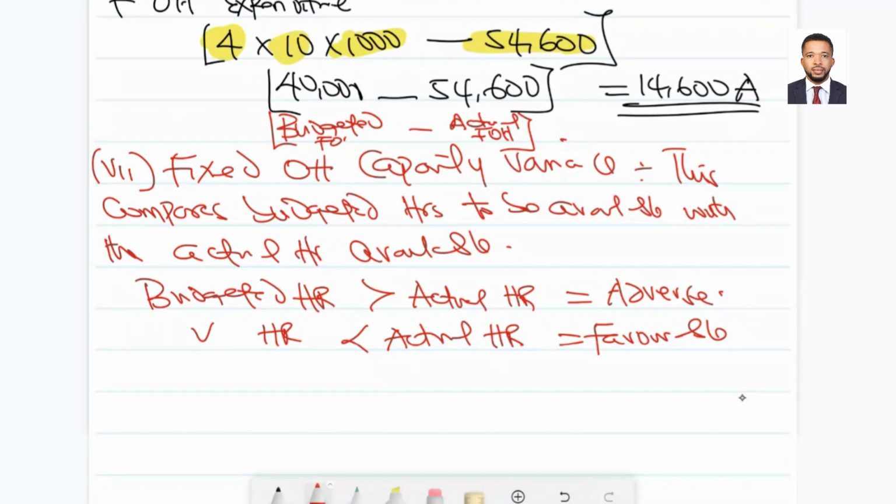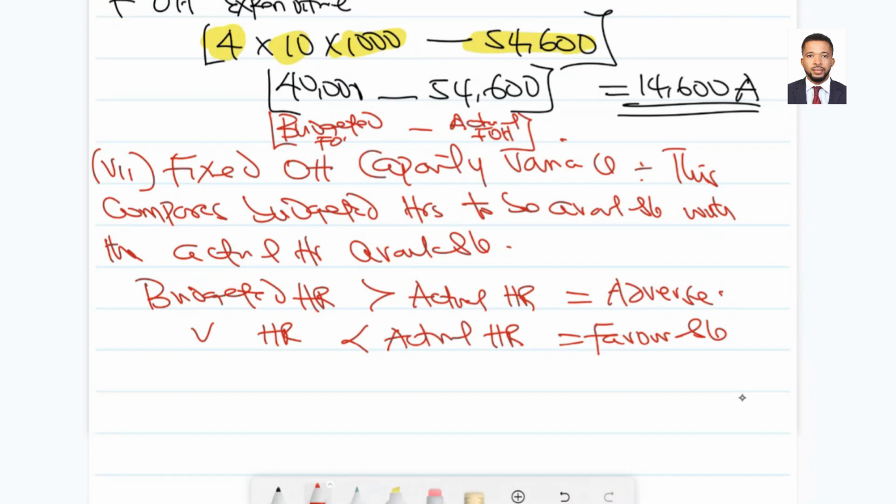Is it favorable or adverse? I wanted to have 20 and then I have 10. Is it adverse? Adverse. Budgeted is bigger than actual.